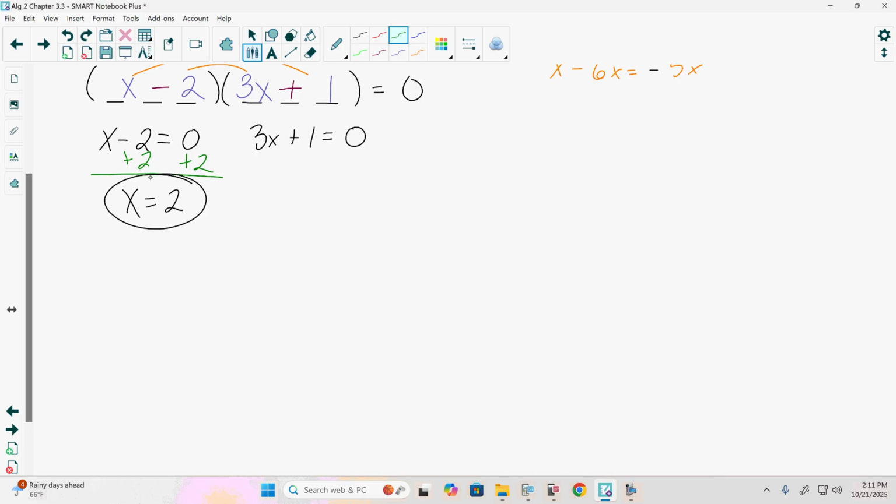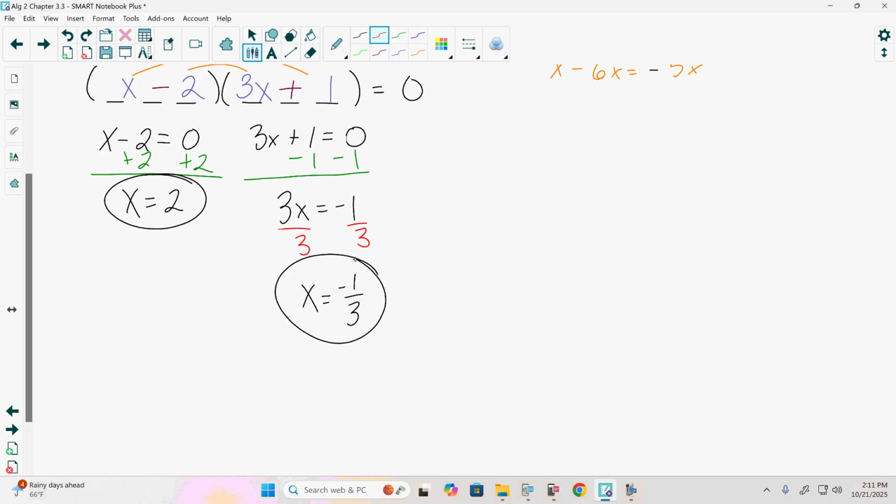With our 3x plus 1, first thing we can do is subtract 1 from both sides, telling us 3x equals negative 1. Divide both sides by 3, telling us x is equal to negative 1/3.